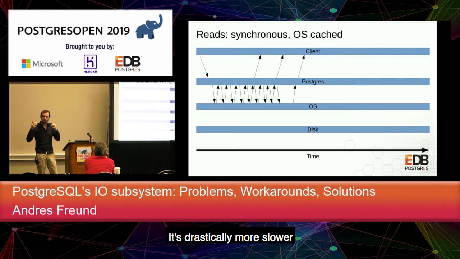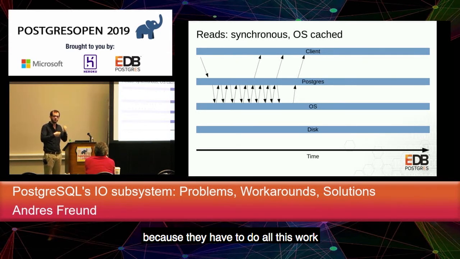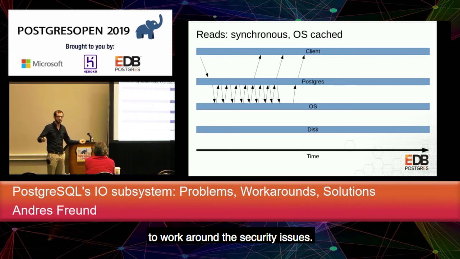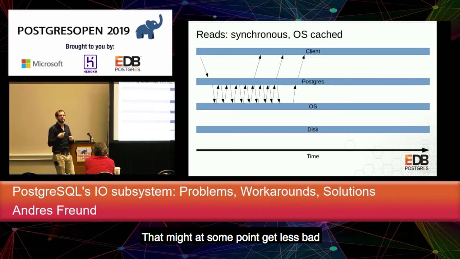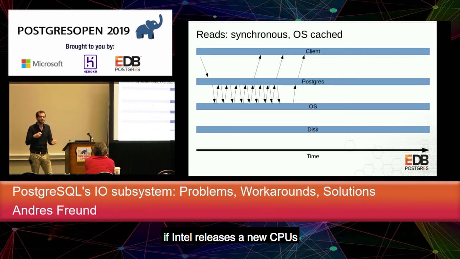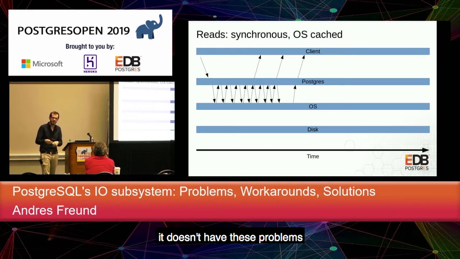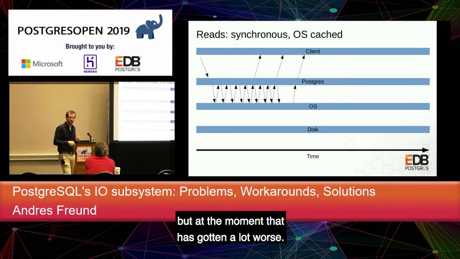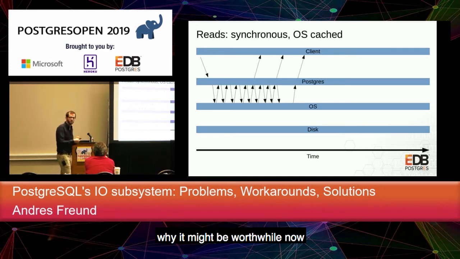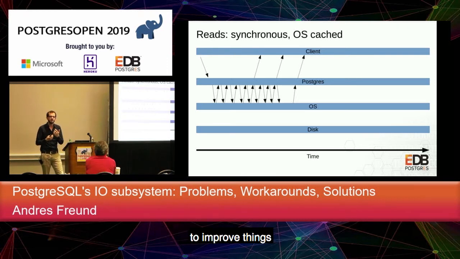It's drastically slower to ask the operating system to do any work on your behalf, because they have to do all this work to work around the security issues. That might at some point get less bad if Intel releases new CPUs that fix all of these, or if you use CPUs that are not Intel and don't have these problems, but at the moment that has gotten a lot worse. So that's another reason why it might be worthwhile now to improve things.